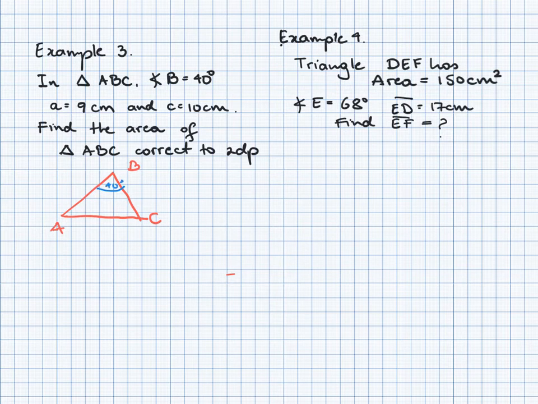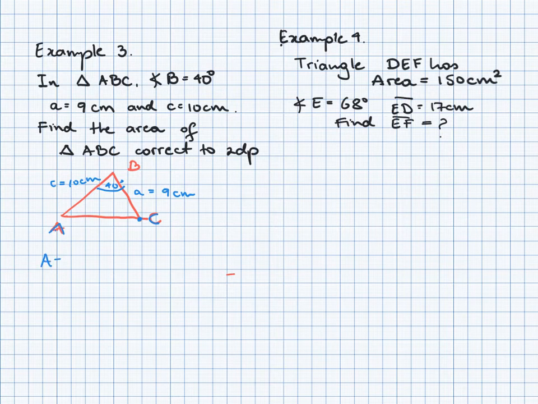And A is 9, and A is opposite the angle A. So A is equal to 9 centimeters, and C is opposite angle C, so it is this one here. C is equal to 10 centimeters. Now that we have labeled our triangle, we can see it's easy to find the area.